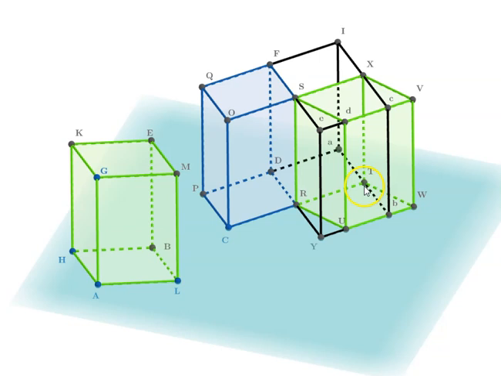How? Because parallelogram RUWT and parallelogram RYBT, they have the same base, that is RT, and they are between the same parallel lines. Now, parallelogram YT is equal to parallelogram CD. How?